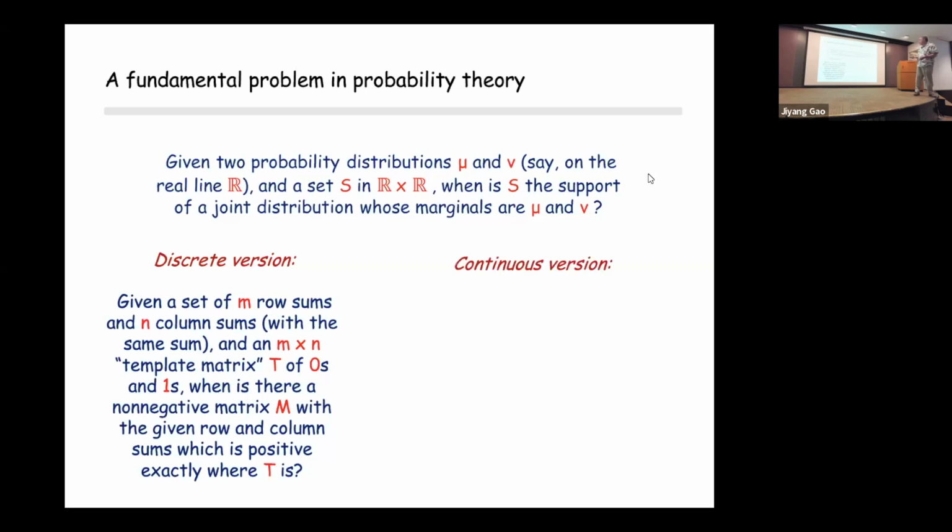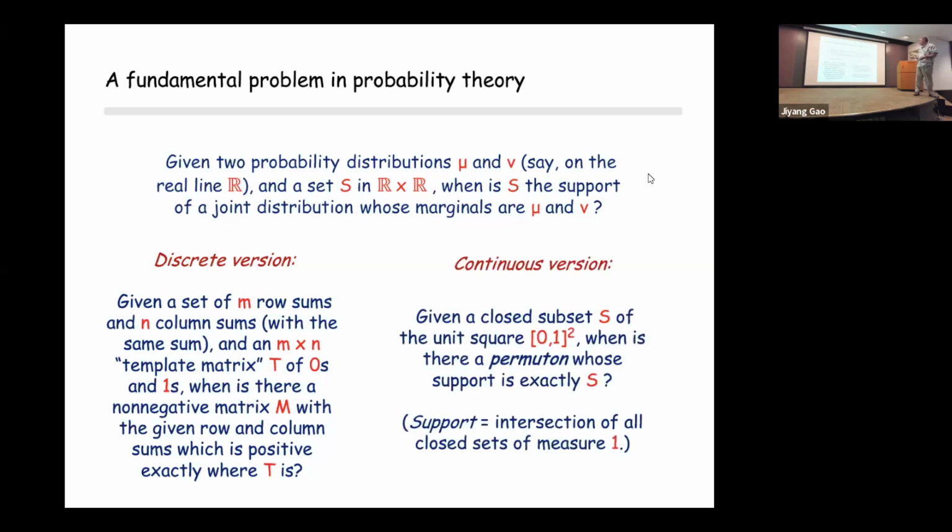The continuous version can be translated to this, and I'll explain how in a minute. We're given a closed subset of the unit square. A permuton is exactly a probability distribution on the unit square with uniform margins.